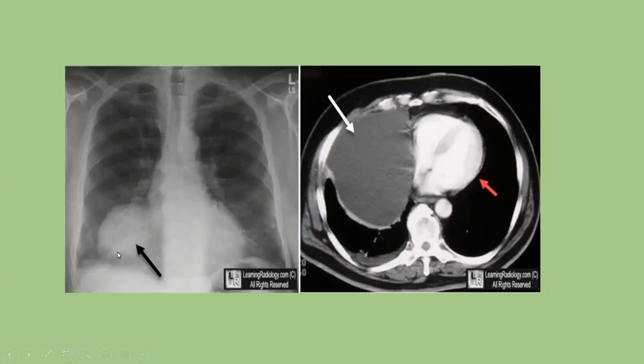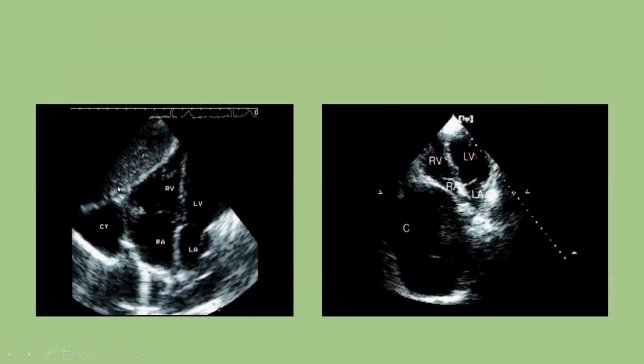And this is a pericardial cyst in the cardiac CT. You see, filled with fluid. So, in echo, the right cardiophrenic angle is here because the diaphragm is here.